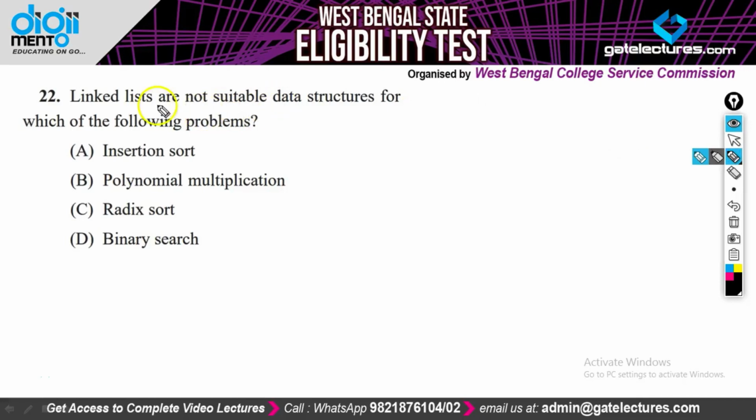So our question is, linked lists are not suitable data structures for which of the following problems? Insertion sort, polynomial multiplication, radix sort, or binary search. Okay, so we know how linked lists are maintained. We have a node, and for the first node we have a head pointer, then we have data over here, and then here we have a node pointer which points to the next node, and it goes like this.